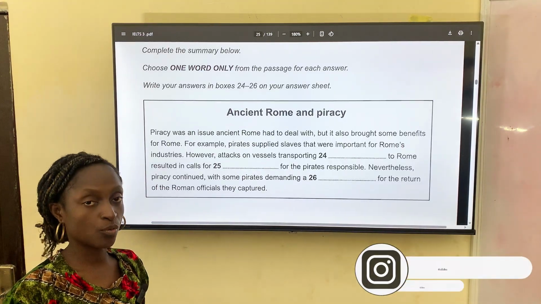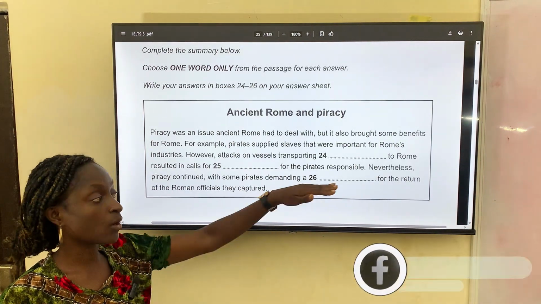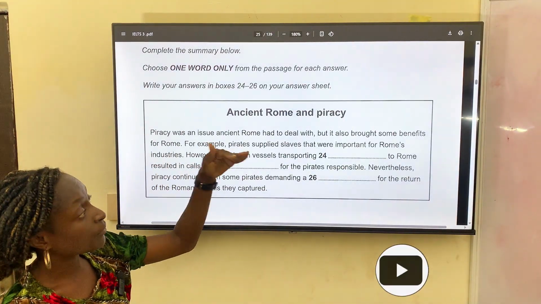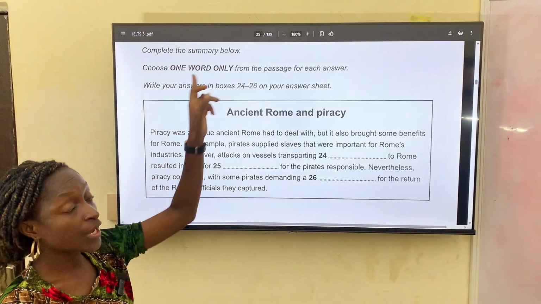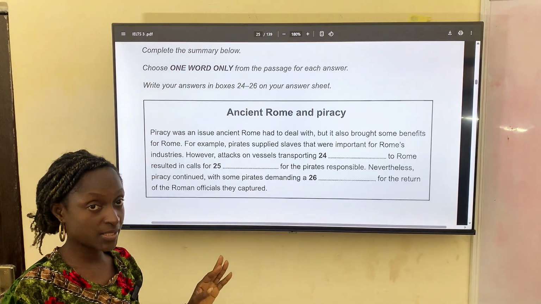In this example, we have matching features, we have multiple choice, and now we have short answer, which is also known as fill in the gap. But in this situation, it is summary completion. Is that taken?